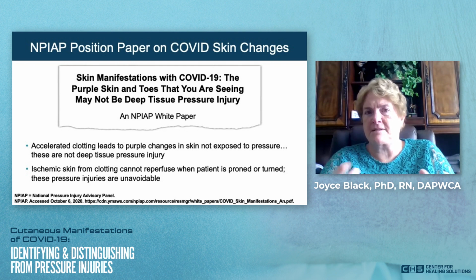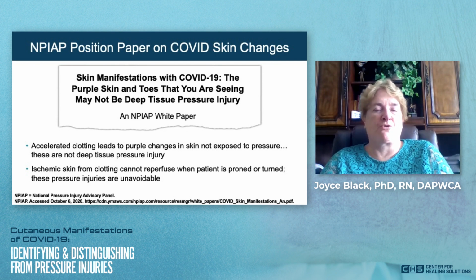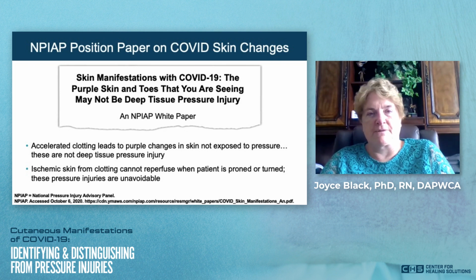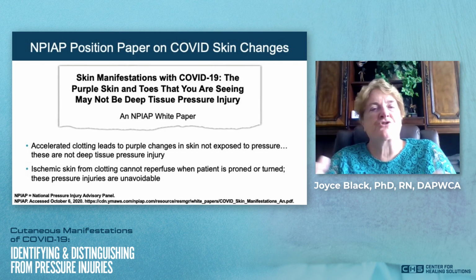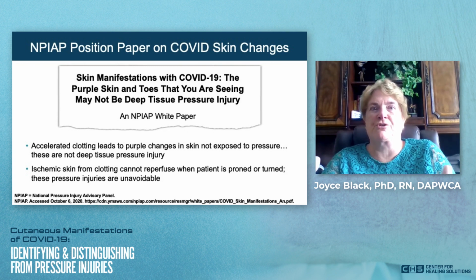And NPIAP did put a position paper on their website about the fact that we believe that when you look at pressure injuries in critically ill patients with COVID, who are vented, on dialysis, with clotting factors off the limits, this may be an unavoidable phenomenon. You've got hospitals that are in surge.